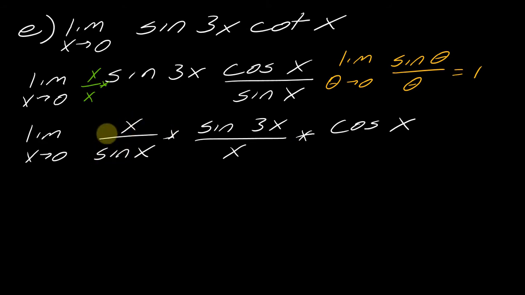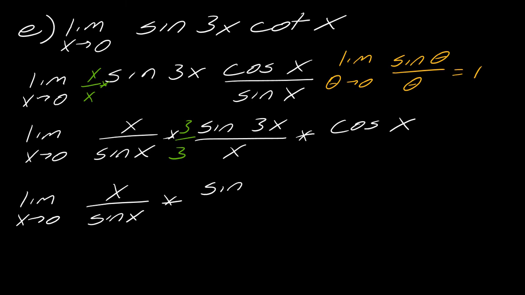I can use my theorem here, but I need to manipulate this because this is 3x and this is just x, and these need to be the exact same. So I will do the same thing again, where I will multiply this by 3 over 3. Now if I rearrange this whole thing one more time, I get the limit as x approaches 0 of x over sine of x, and then sine of 3x over 3x, and then this other 3 I'm just going to put in with the cosine of x, so 3 cosine of x.